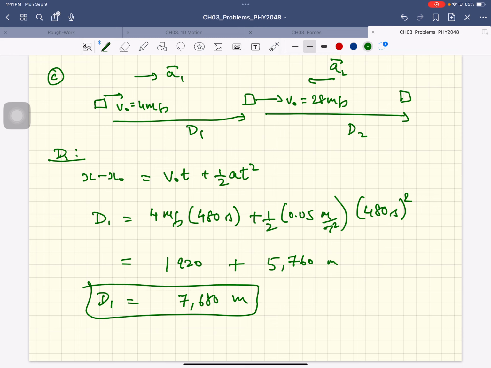So about 8 kilometers from here to roughly State Road 40. Okay, here to Ormond Beach. Okay, so similarly you can calculate D2. Now, what was your braking distance? Okay.